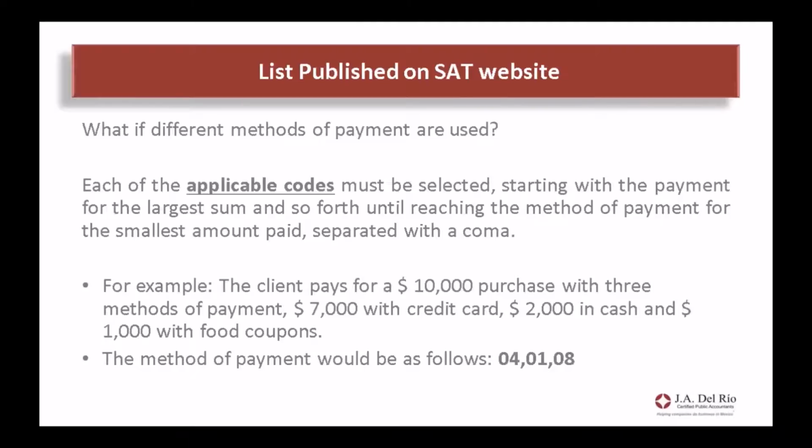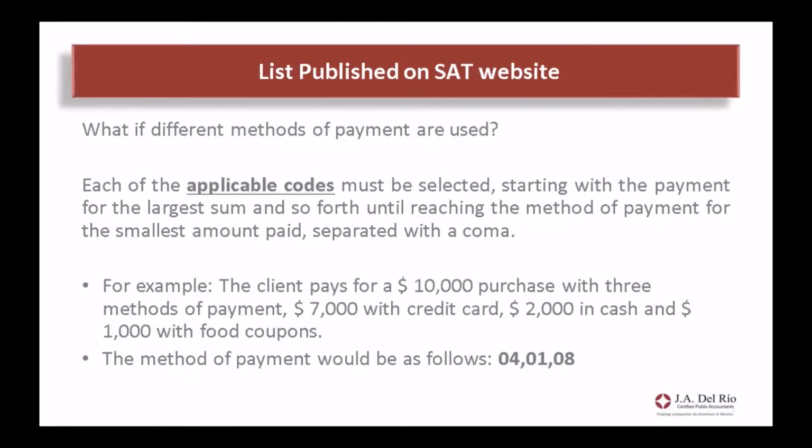No, the authorities are requesting that the method of payment will be as follows: 04 for credit, comma, 01 for cash, comma, 01 for food coupons. So this is actually how we need to include the method of payments on the CFDI or XML. We need to break down how the total payment was received in order to indicate the correct method of payment.